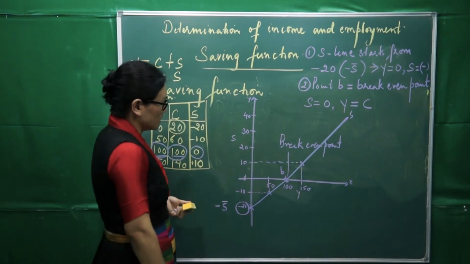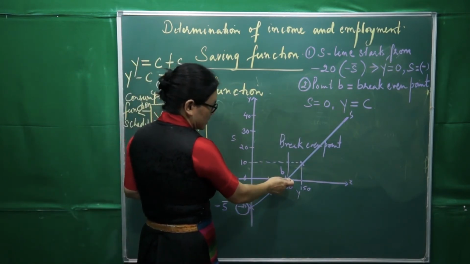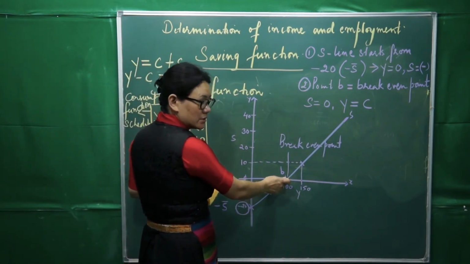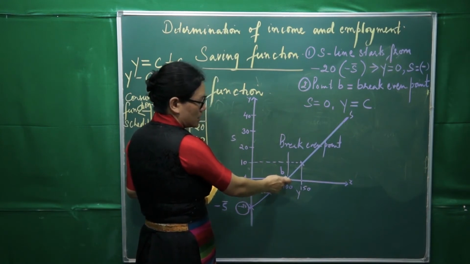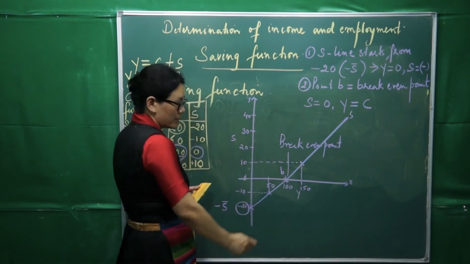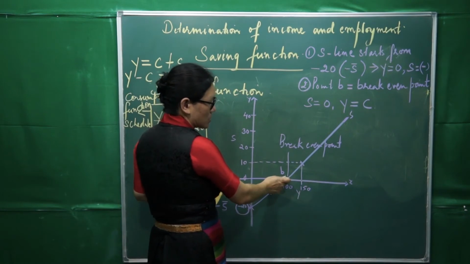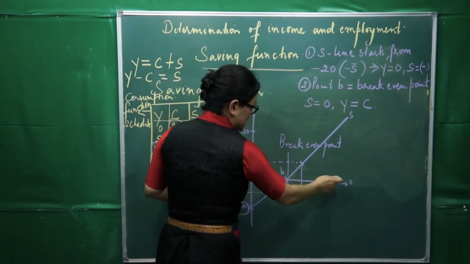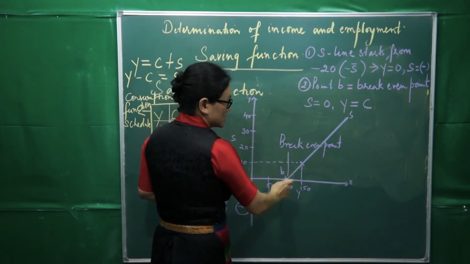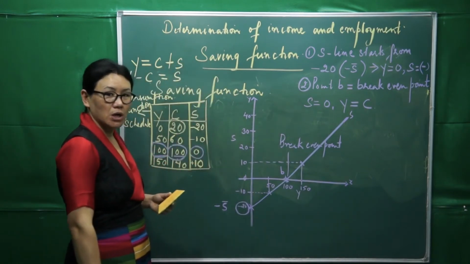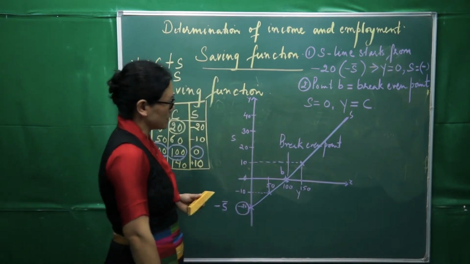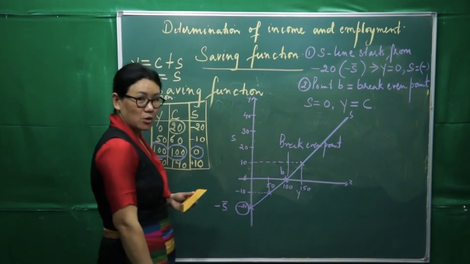Okay. Then after this, what is happening? Saving line is crossing x-axis here. Alright, second observation.